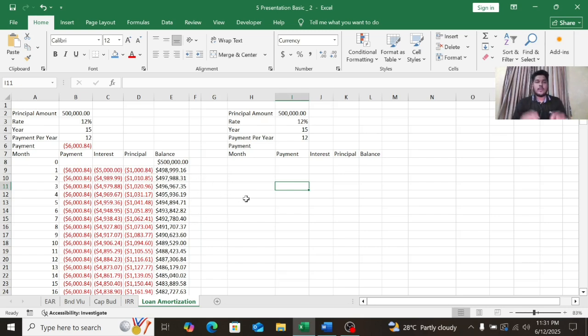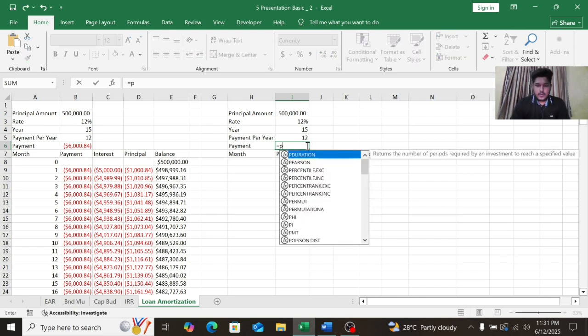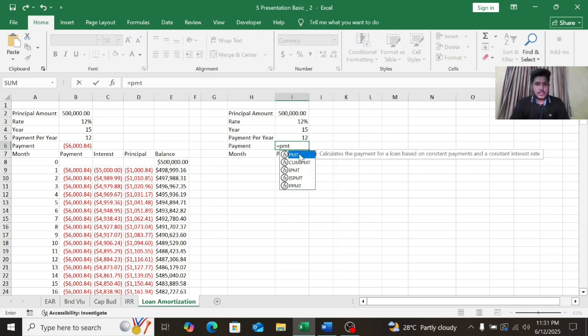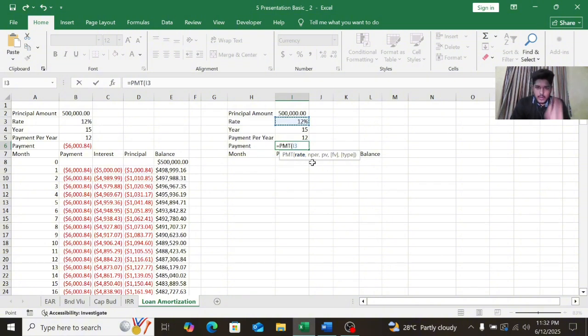First of all, we have to calculate our total payment for each annuity payment of the loan. For this, we're going to use the PMT formula, which automatically calculates the payment. The rate is 12%, and as we are paying 12 payments per year, it will be divided by 12.